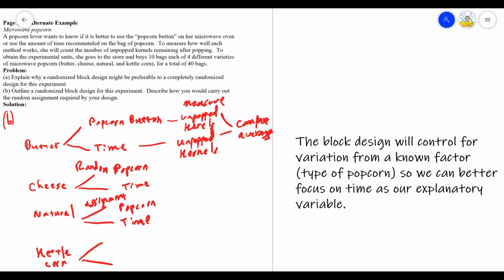So this is what the outline would look like, right? You show that you have your blocks created, and then you have randomization. So we do the same thing, but we do it 4 times. So right here kind of just looks like what I just did in the previous example, but I have 4 of them, 1 for each block.